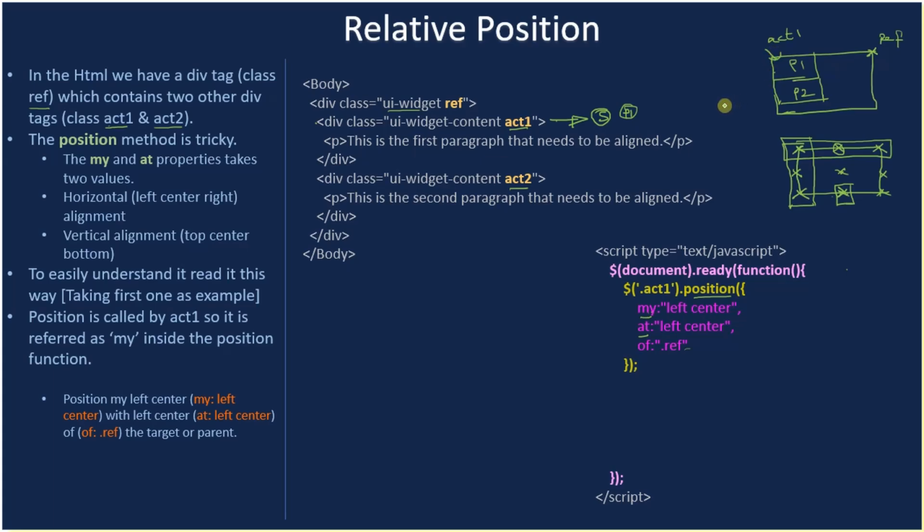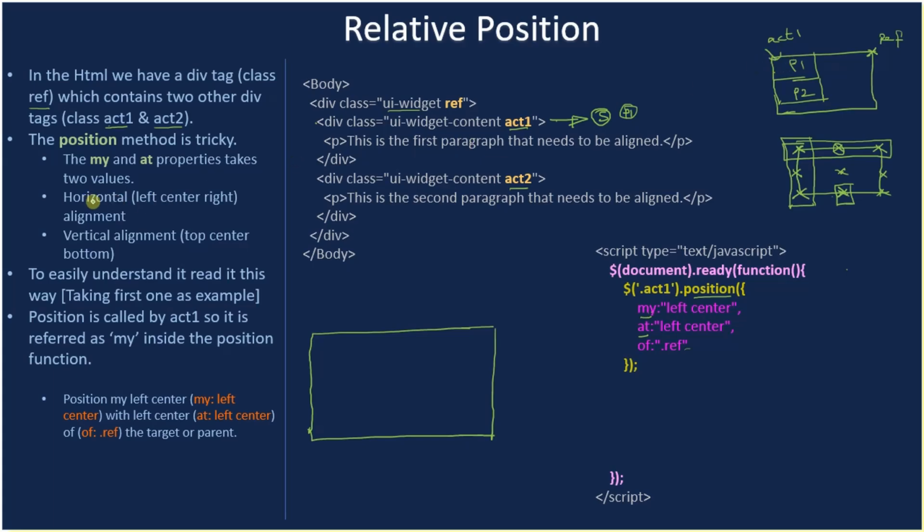Align my left center. So this is the outermost one. The div tag that is containing paragraph 1 is calling the position. So we have to read it like align my left center.